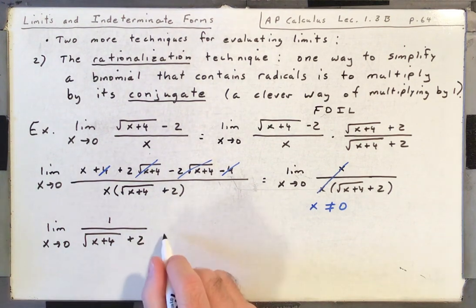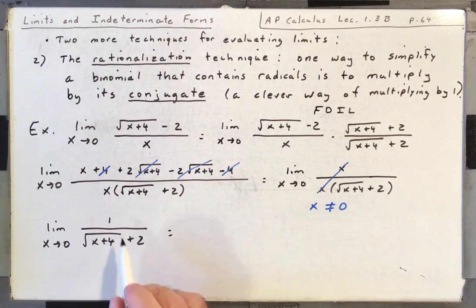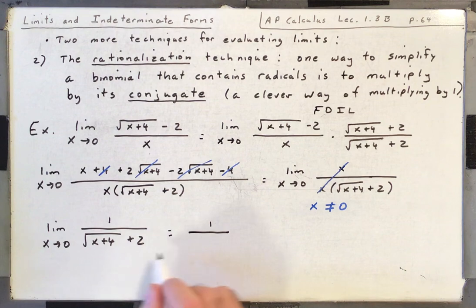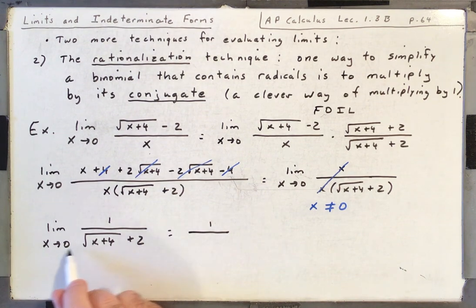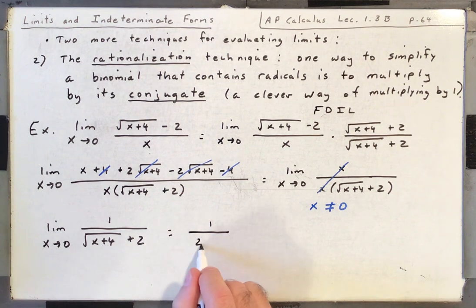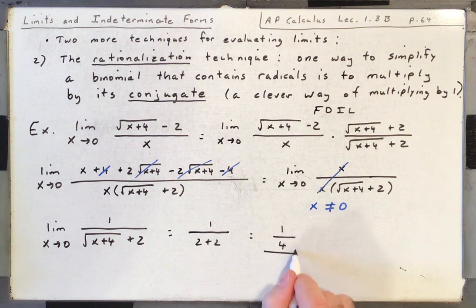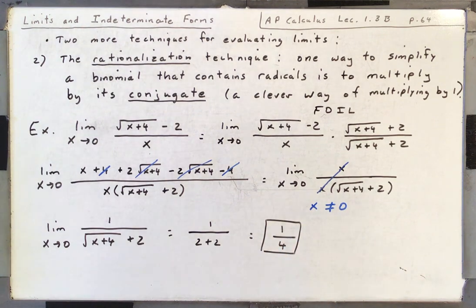Now you can plug in, because it's not 0 over 0 anymore. We've got a 1 on top. So we've got 1 over root 4 plus 2. What's root 4? It's 2. So 1 over 2 plus 2, which is 1/4. Boom.